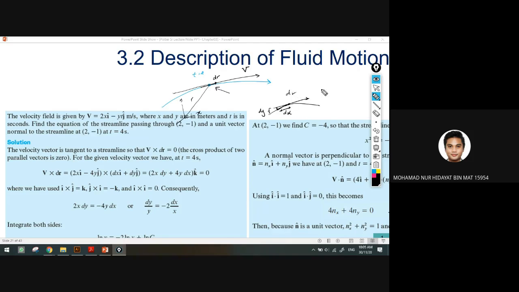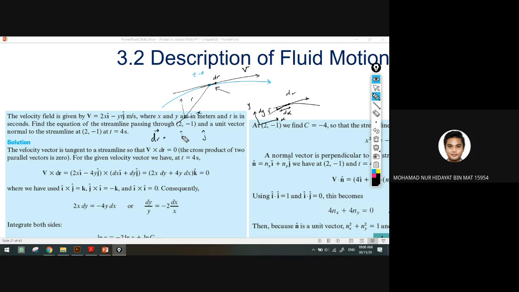So to get dr, this is the I component, this is y, and this is x. That is why dr here is the vector r with I component and j component.